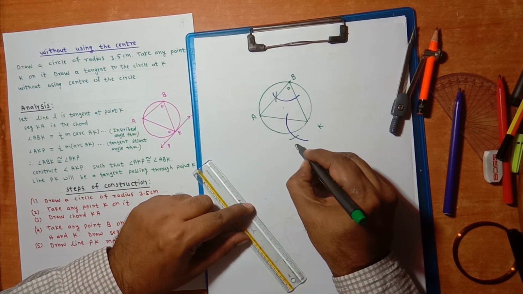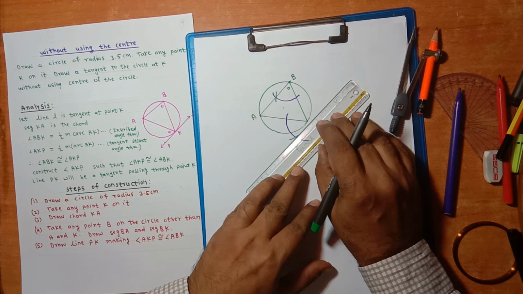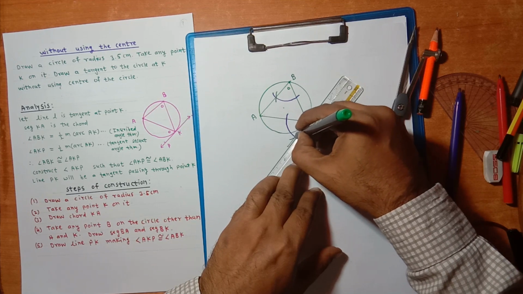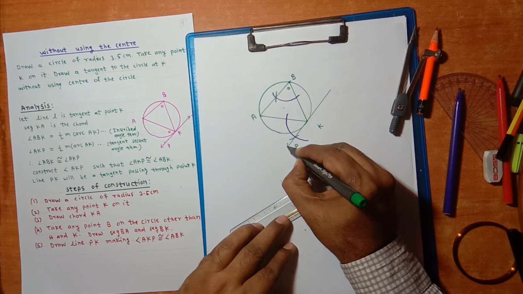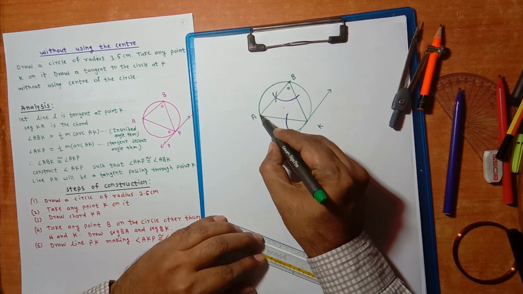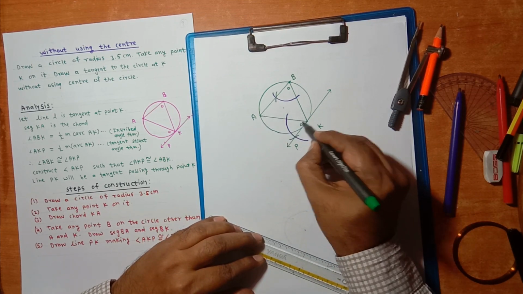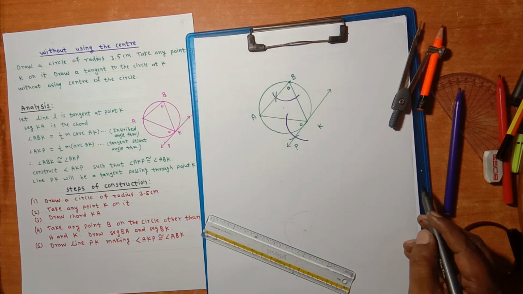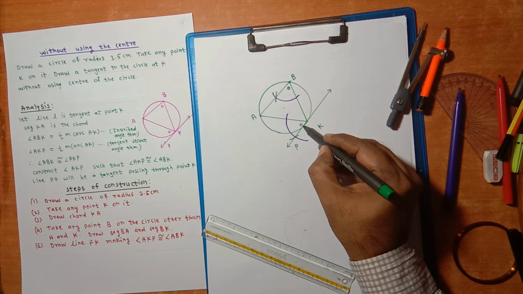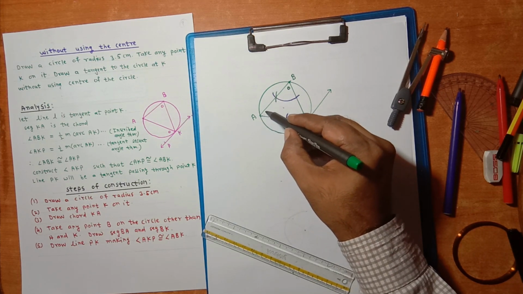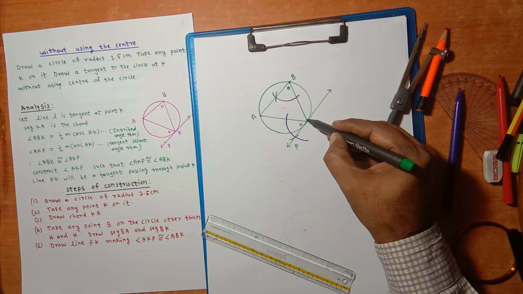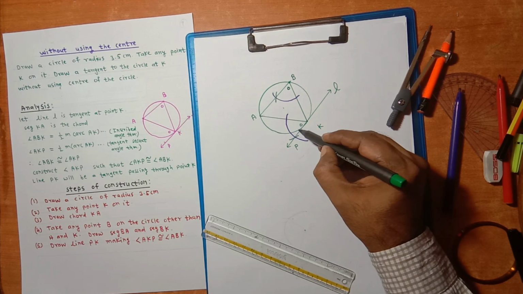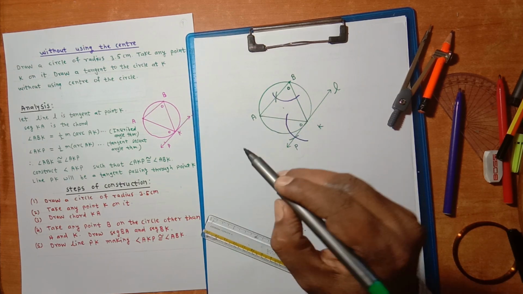This is my point P. I will draw a line passing through points P and K. Now the measure of angle AKP, this angle, and angle ABK is the same. So these two angles are congruent. They intercept arc AK. So we say that line L is tangent to this circle at point K.